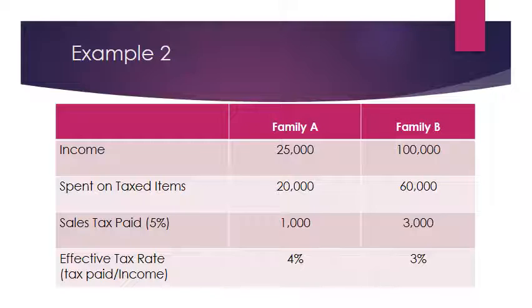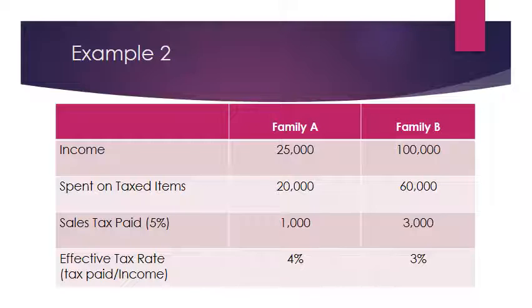So family A, if we calculate 5% on the purchases of family A, so 5% of the £20,000 paid by family A, that would be £1,000, whereas family B paid £3,000 in sales taxes, the 5% of £60,000 that they paid on the items that they purchased.